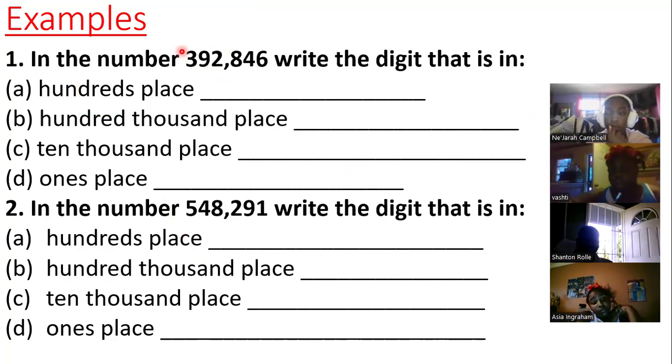Grace, please stop writing on my screen. Very good, Vashti. That's the correct pronunciation. Go ahead, Campbell, pronounce that number. 392,846. Very good. And Asia, pronounce this number for me, please.